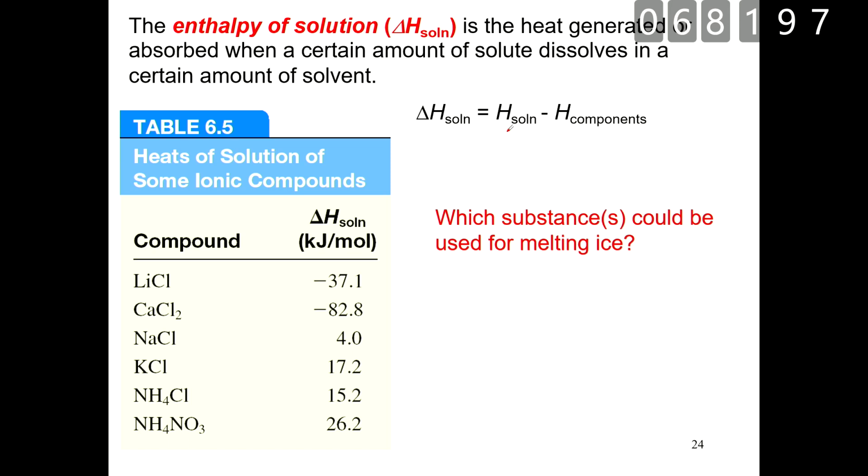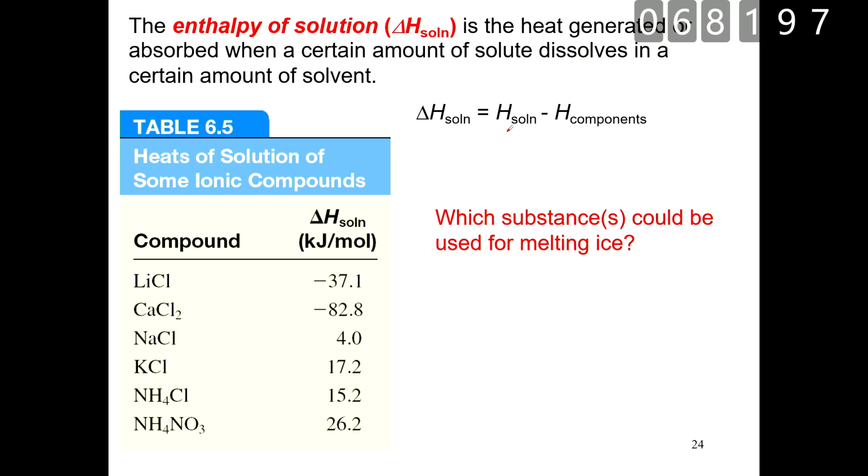The first step absorbs energy, right? If the energy in the first step is higher than in the second step, the whole process will absorb energy. The second step releases energy. If the energy released is more than that absorbed, the whole process will release energy.